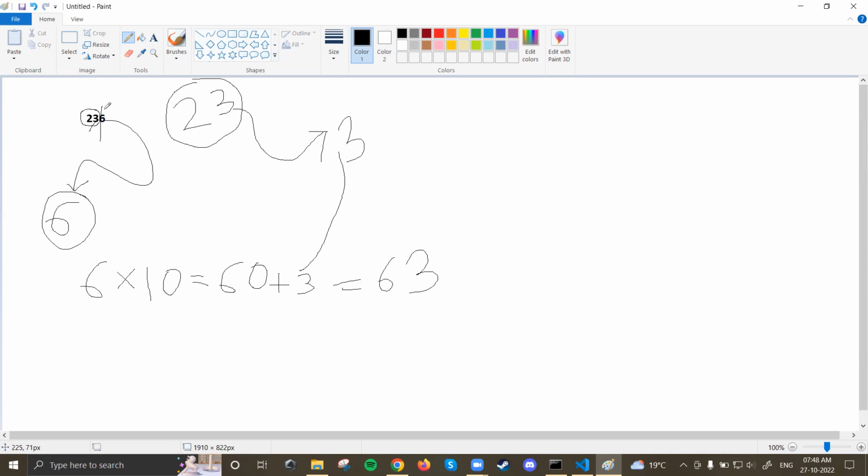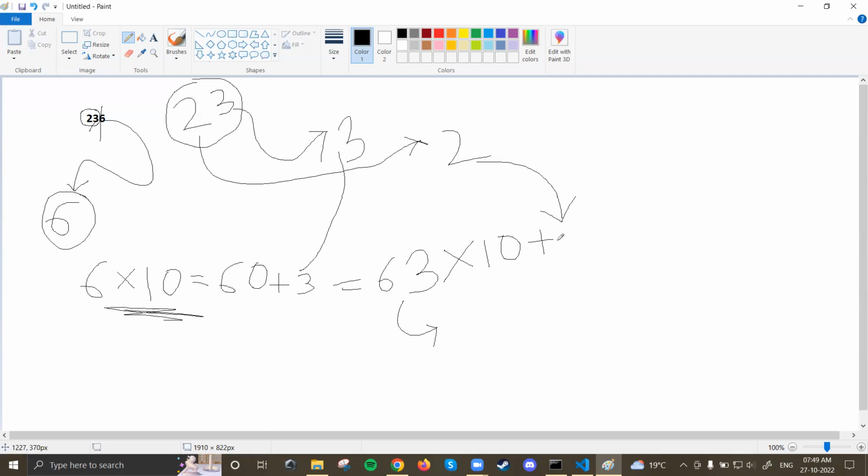Next, the moment we remove the 6, we got 23. The moment we remove the 3, the 2 should remain. Now this 2 also we will take, and we repeat the same thing on the 63: into 10 plus the number, into 10 plus the number.